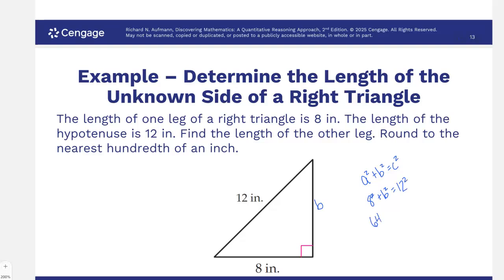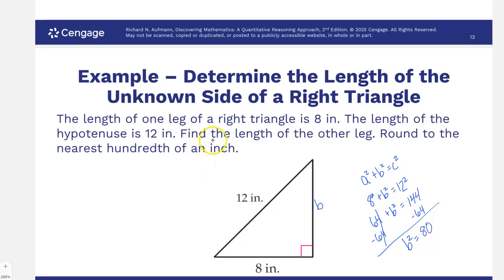So we're going to simplify this. 64 plus b squared is equal to 144. And then we're going to subtract 64 from both sides. So 144 minus 64 is 80.